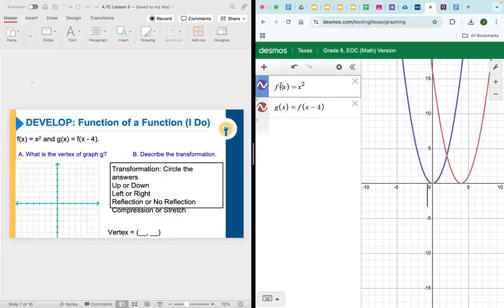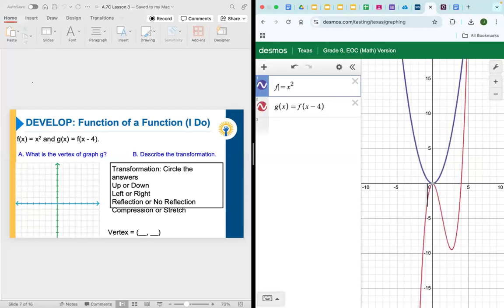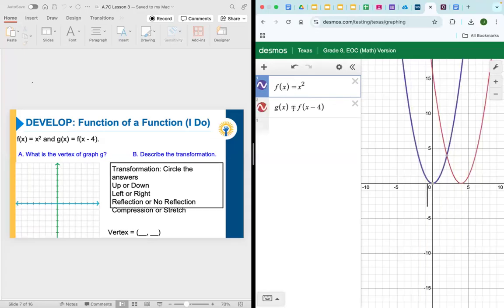That's why it's super important that we always begin with f of x equals, because if I put y equals, you see that caution sign, and it doesn't help us. Instead we use f of x, so it helps us identify the two different functions. Remember our home button, and notice how it highlighted the x squared in Desmos. That's our home button, so we know where we're starting.